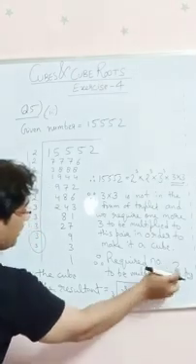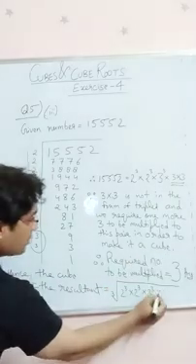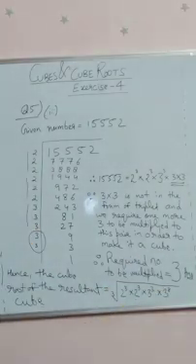Now because we have multiplied this 3 to this 3 into 3, that's why this is also 3 cube.